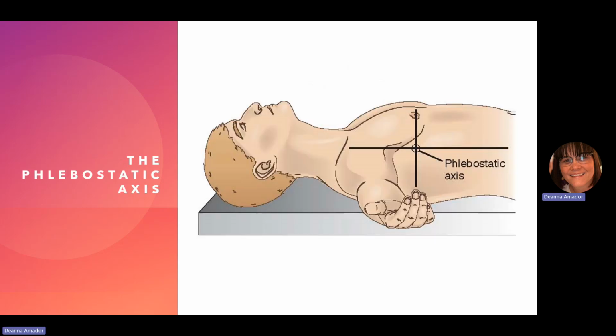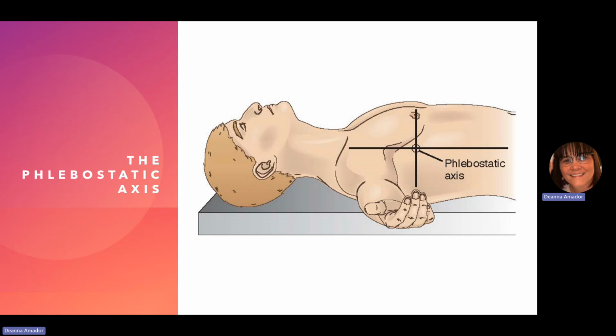Okay, so as I was talking about that, I said there's a transducer. So this transducer needs to be leveled here at the phlebostatic axis. This is the midpoint of the left atrium and the fourth intercostal space in the mid-axillary line. In other words, kind of like right under their armpit.